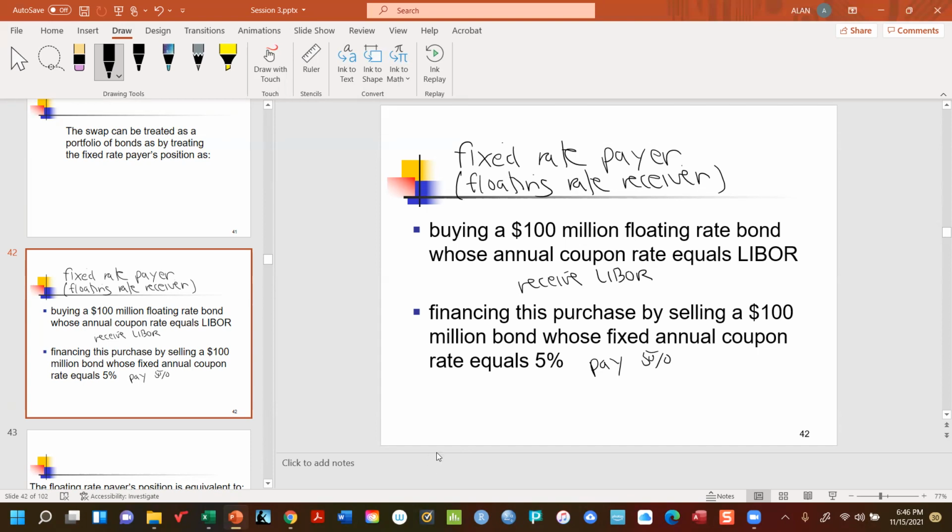Now, if you notice, there's no mention of the principals. That's because they exactly offset each other. So all that remains is the pattern of cash flows with the interest payments every year, receive LIBOR, pay 5%. That represents the cash flows to this swap. And that's how we're going to price it.